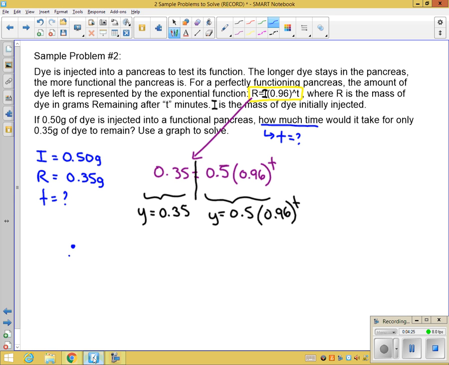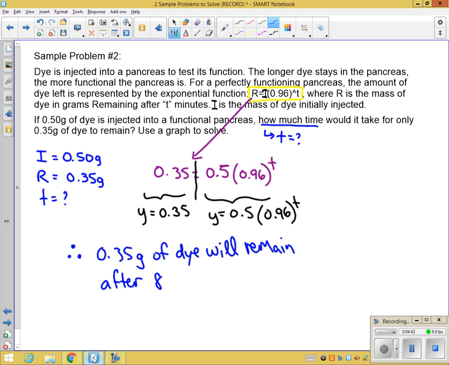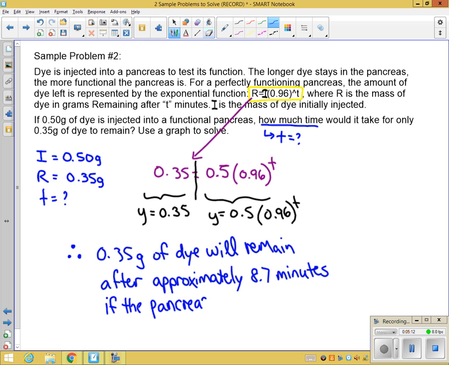So we're going to include a therefore sentence for our final answer. Therefore, 0.35 grams of dye will remain after approximately, because it's not exact, approximately 8.7 minutes, because I've rounded it, I need to say approximately for proper communication. 0.35 grams of dye will remain after approximately 8.7 minutes if the pancreas is functioning.